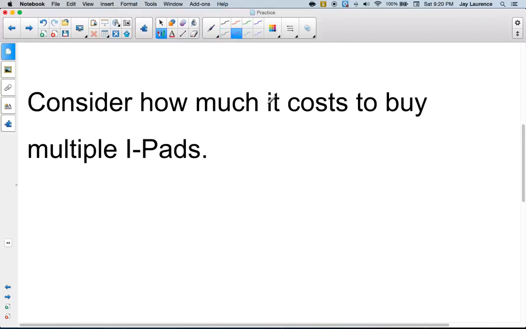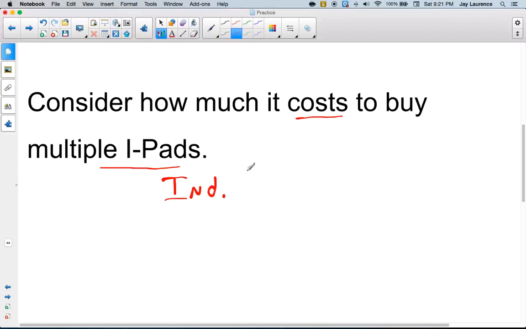My two variables are the cost, the money I'm going to spend, and the number of iPads, right? Well, doesn't it make sense that if I buy one iPad, I spend a certain amount of money? If I buy 10 iPads, that cost, that amount I have to spend goes up, right? So that means the number of iPads is the independent variable.